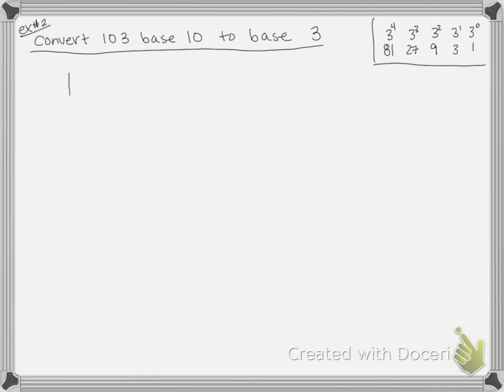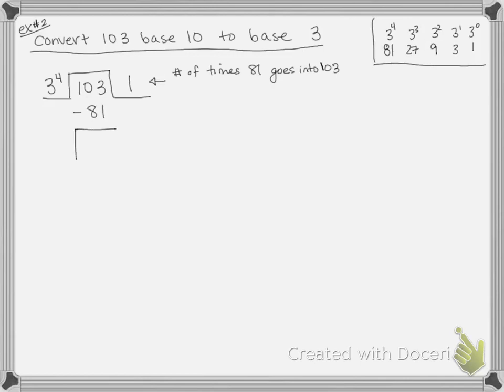So we're going to start with our hat, 103 inside, and 3 to the 4th on the outside. So this is going to be the number of times 81 goes into 103. And that only happens one time. So we're going to want to subtract that 81.